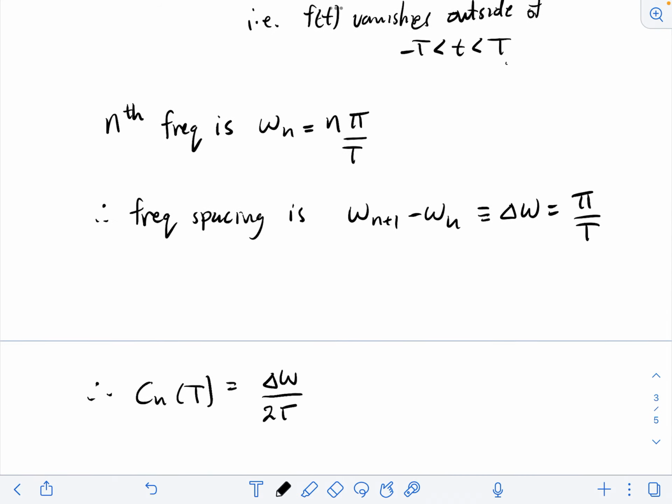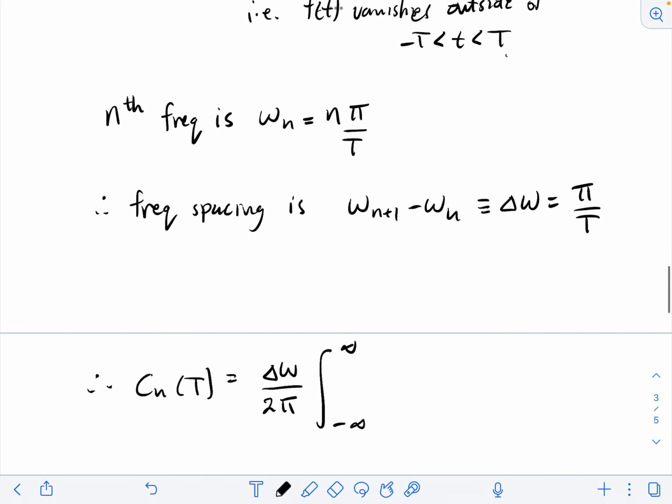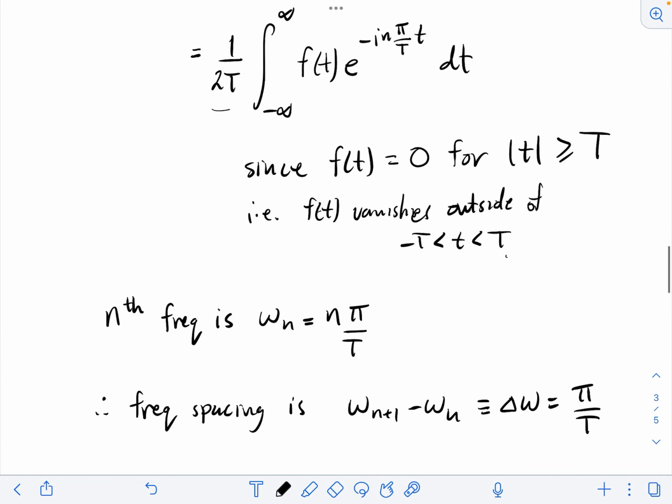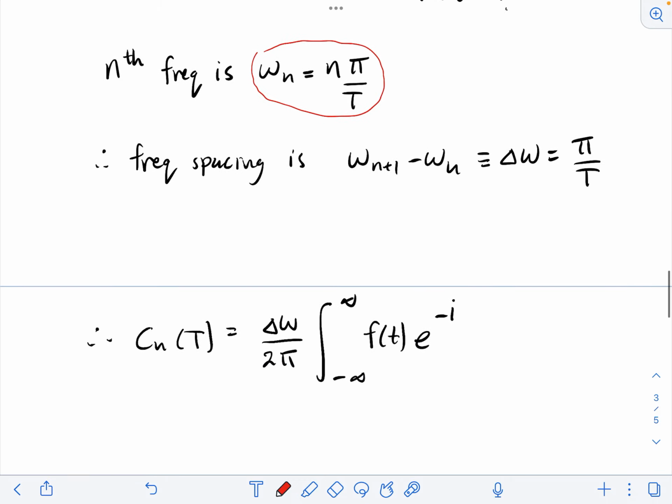Okay, and then the integral from minus infinity to plus infinity, and then we'll have f of t times e to the minus i, and then we have n pi divided by T, which is just this omega n, the nth frequency component. And so what we're going to have is an omega n times t, and then we are integrating over time.